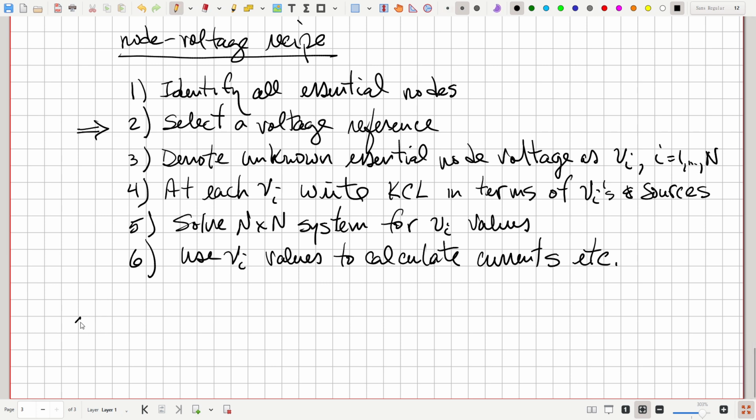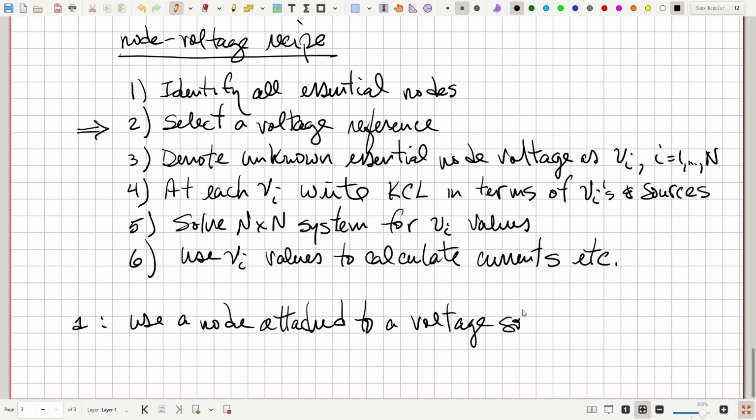Okay, so let's call this 1: use a node attached to a voltage source terminal.